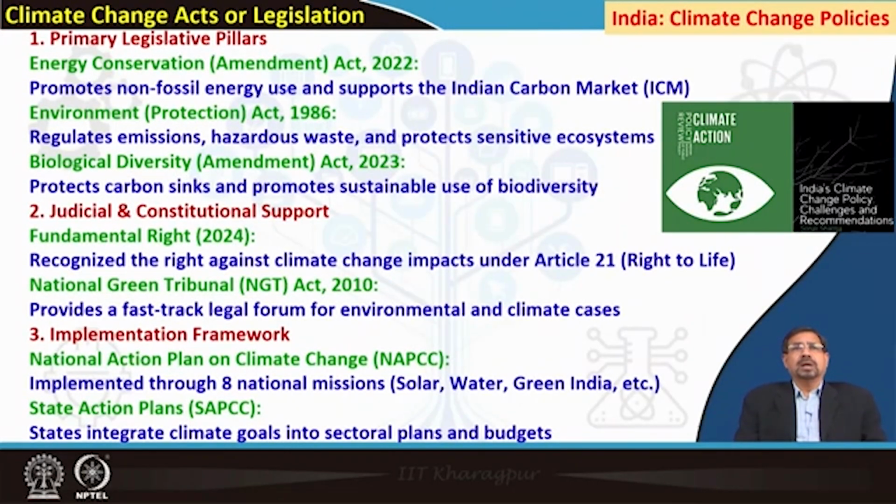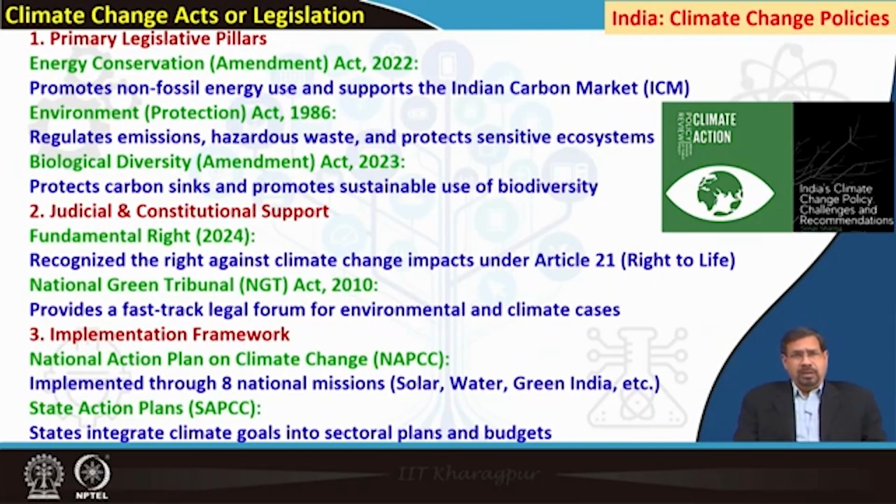Coming to the climate change acts or legislations, as far as India is concerned, we have 3 primary pillars: legislative, judicial and constitutional support, and third is the implementation framework. In terms of primary legislative pillars, we have the Energy Conservation Amendment Act passed in 2022.